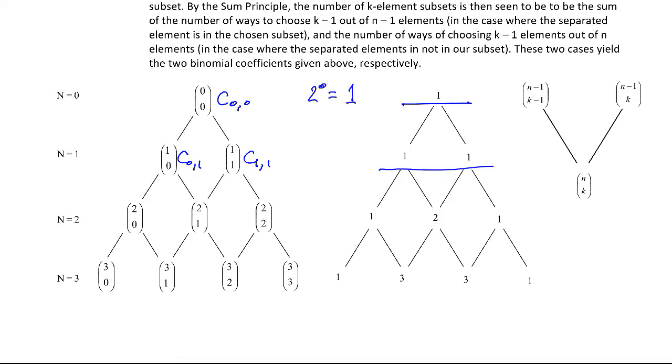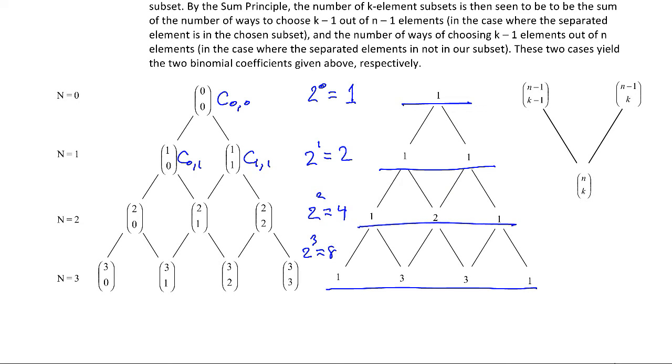The first row is n equals 0, 2 to the 0 is 1. You sum the 1 and the 1, you get 2. The 1 plus 2 plus 1 gives you 2 squared, or 4. And 1 plus 3 plus 3 plus 1 is 2 to the third, or 8. Okay, so you sum them in the rows.